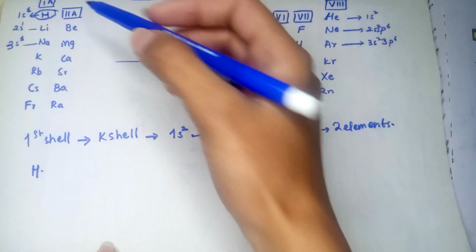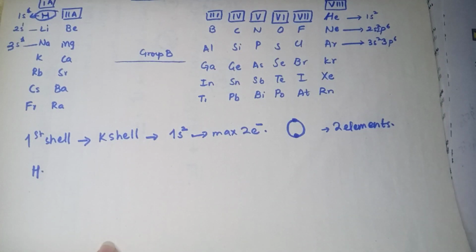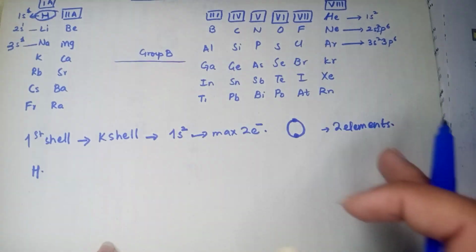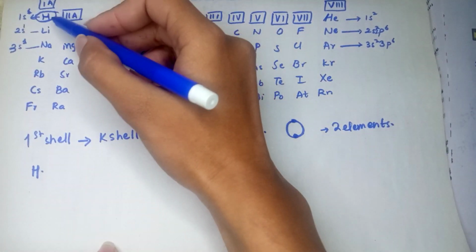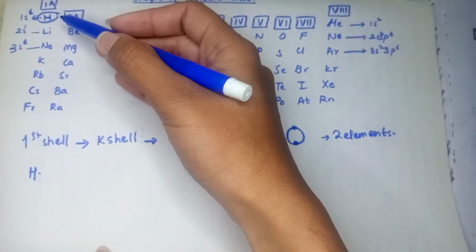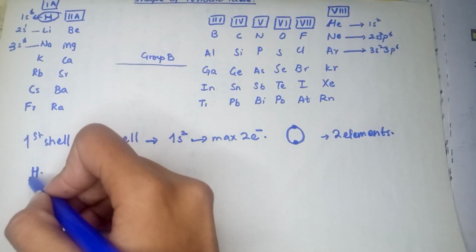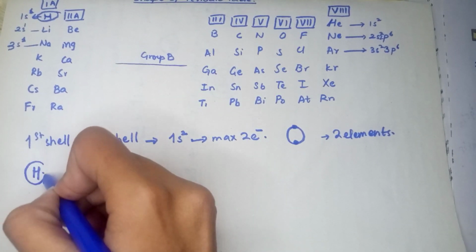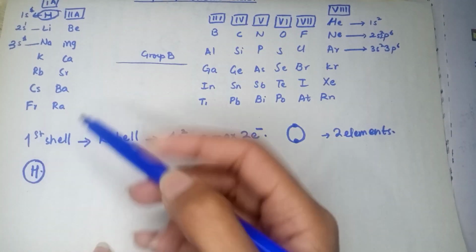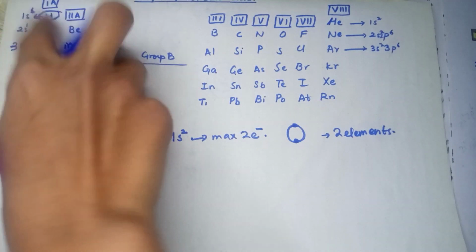Then the group number tells you how many electrons the element would have in its outermost shell. Let's take the example of hydrogen. Hydrogen is placed in the first group. First, let us draw the shell. It is present in the first period as well as the first group.